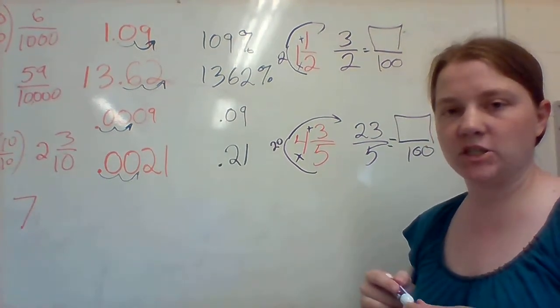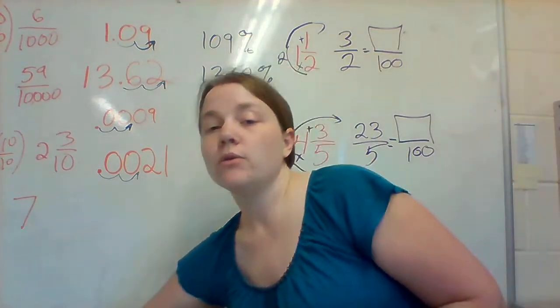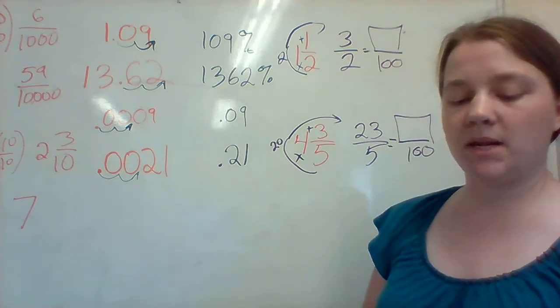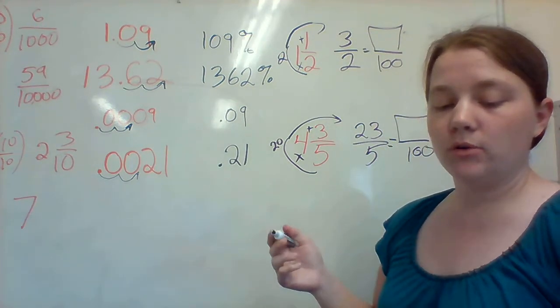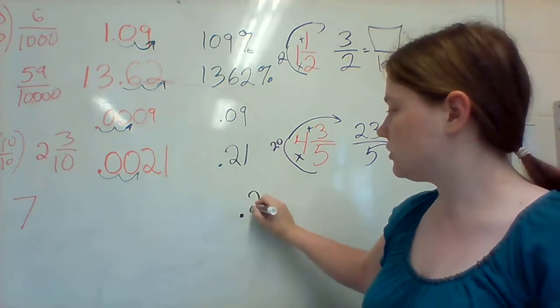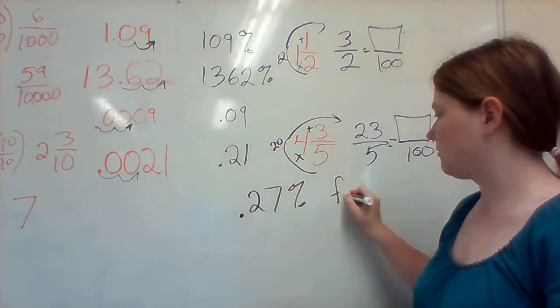Now, you're going to be asked to do 3 things in your form. You are going to be asked to do 2 of them in one question, and then 1 of them in a separate question. You are going to need to tell me what 0.27% is as a fraction.